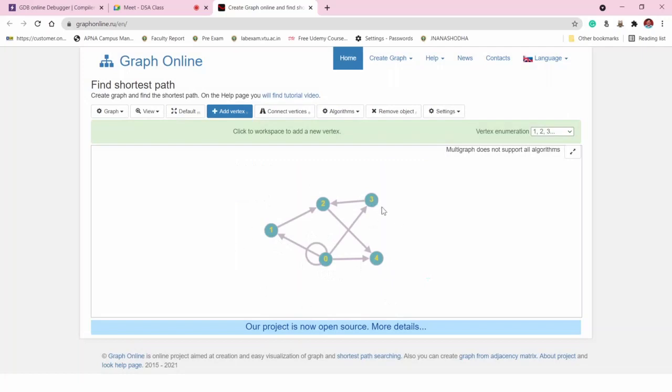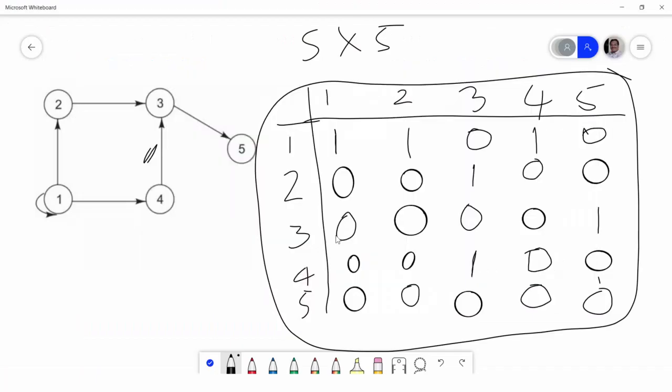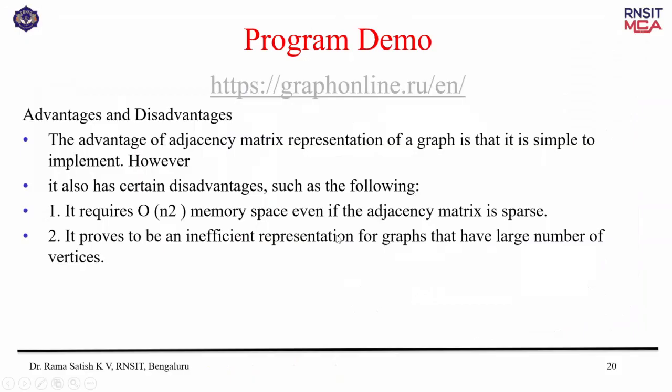This is a tool, a project that creates the graph once you give the adjacency matrix. So you can see it's connected like this. This is a small demonstration that I would like to give.